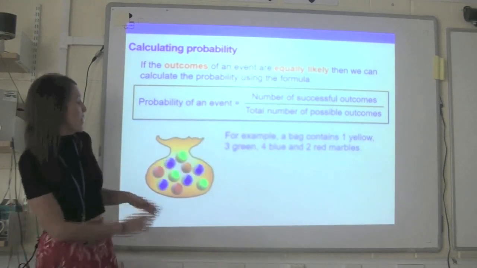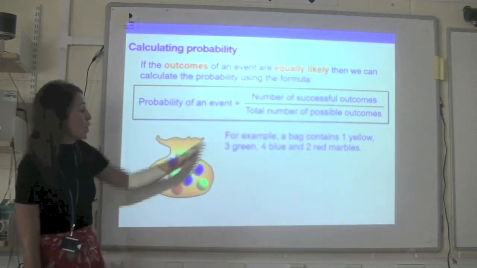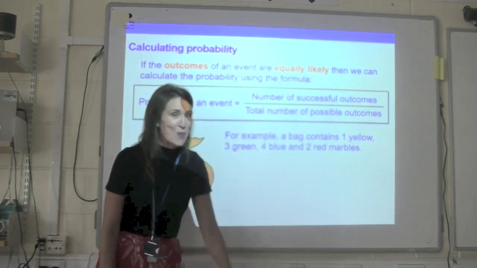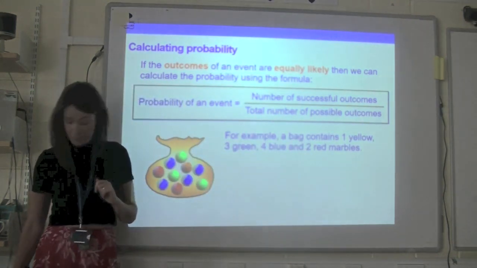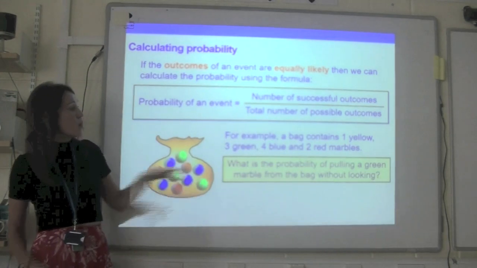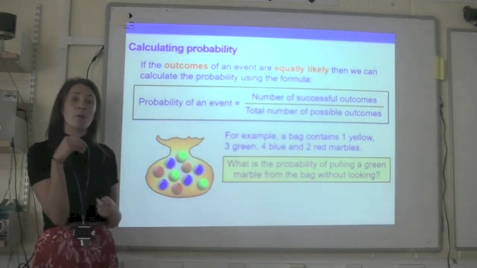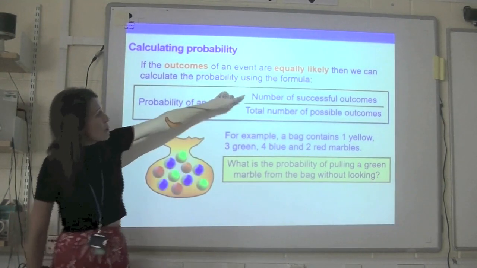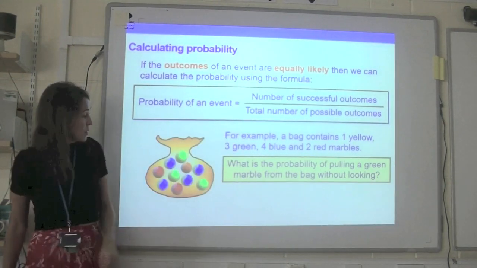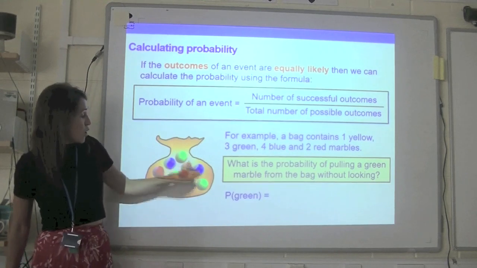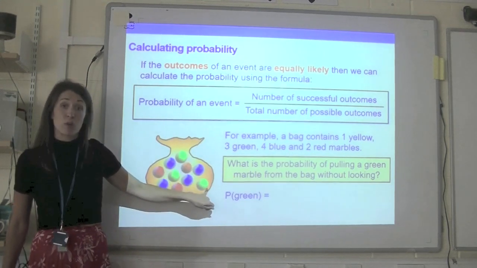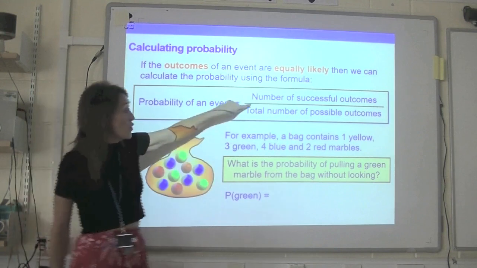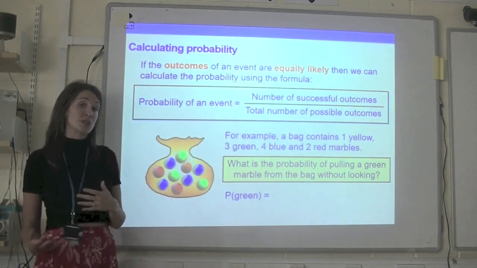For example, this bag contains 1 yellow, 3 green, 4 blue and 2 red marbles. And the question says, what is the probability of pulling a green marble from the bag without looking? Well, we want the number of successful outcomes, which is 1, 2, 3, because we want green, over the total number of possible outcomes.